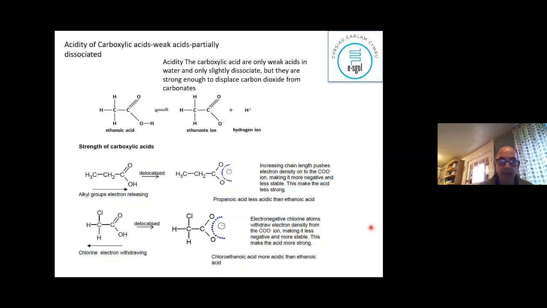If you have an electron withdrawing group like chlorine, then the electron density around the COO minus is less and the ion is more stable once dissociation occurs, therefore the acid is stronger.